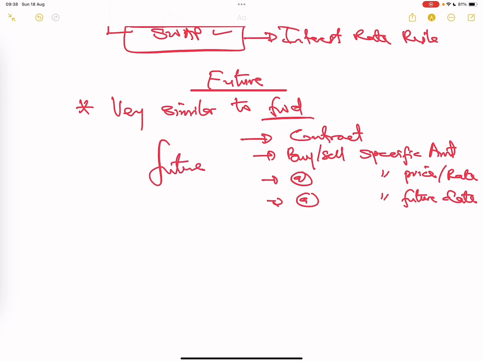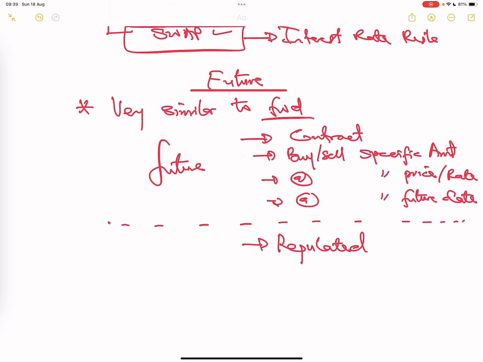Now, why is it different from forward? That is what I will use to complete this definition. When you compare the future with forward, future is different because it is regulated. Remember, forward is over the counter, it's an OTC instrument. You can sit down with any party and determine the amount you want to buy.